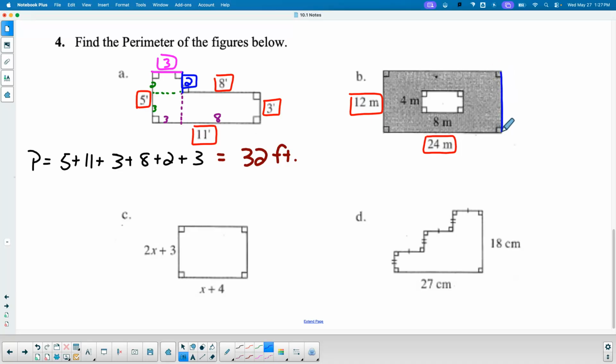What's the blue length that we're missing? 12. What's the green length that we're missing? What's the purple length that we're missing?